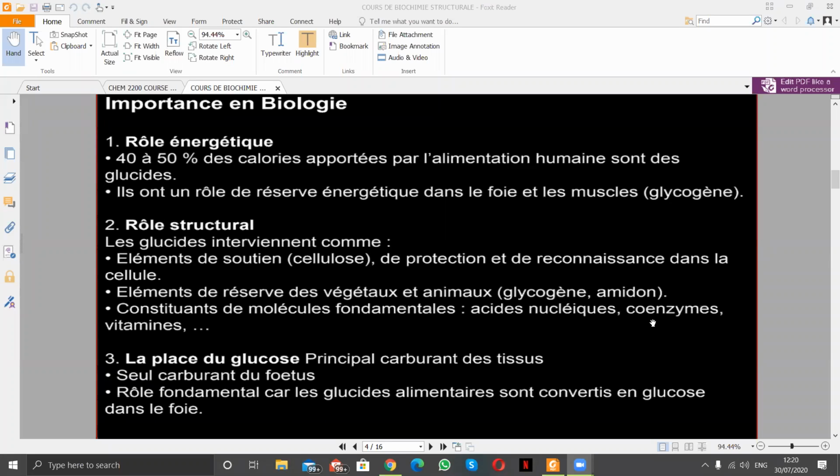The energy is being reserved in the liver and muscles in the form of what? Glycogen. As I earlier talked about the conversion, that mechanism we learned in biology, the conversion of glucose to glycogen. When they're in the glycogen state, they're being stored in the muscles and the liver.